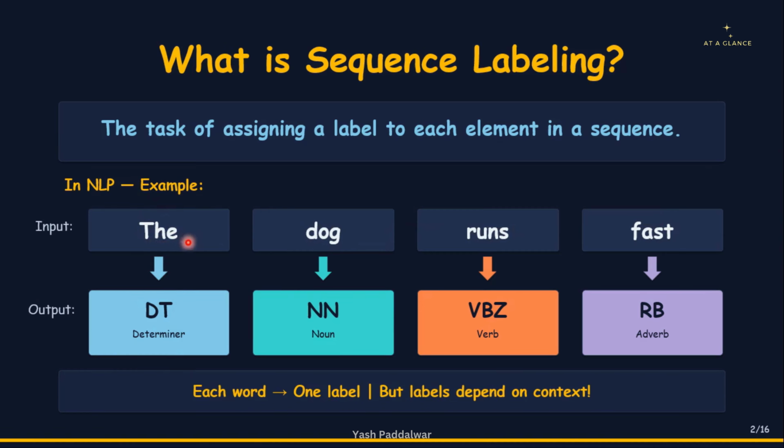The very first token is the. The output for it is a determiner, DT. Next is dog. What exactly is a dog? It is a noun, so it is represented with NN. Similarly for the other ones. So basically, we label the tokens or words. Here, each word will have one label, but labels depend on context also. This you need to remember.